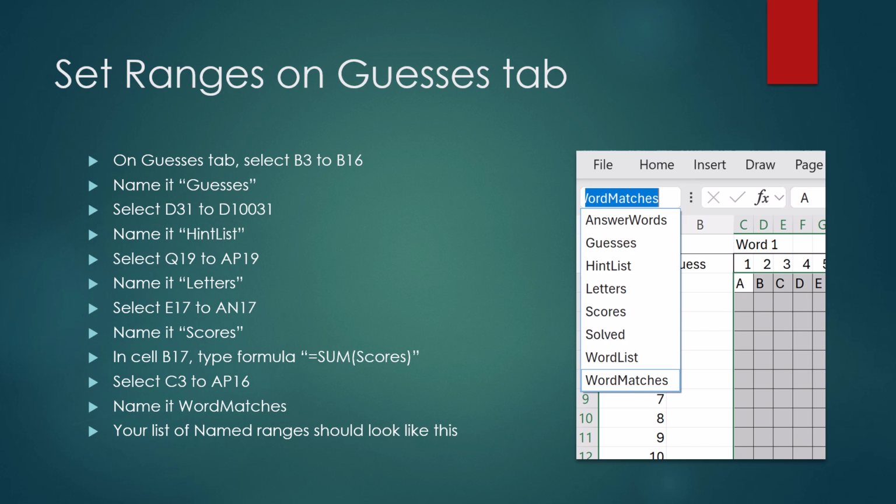In cells C3 through AP16, that's a lot of cells. That is where you are going to have the word matches, and that first line is where you have all the ABCD, and so on. And then when you're finished, your list of named ranges should look like what you see on the screen.